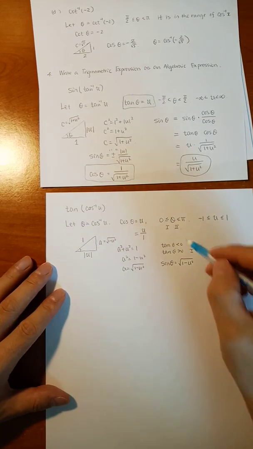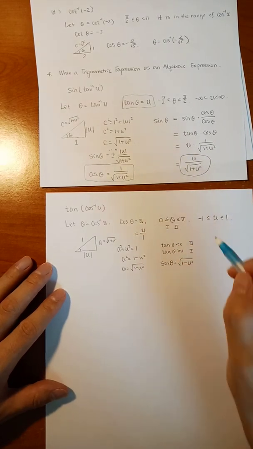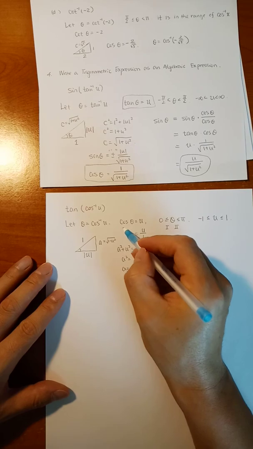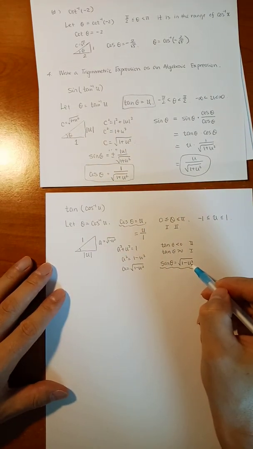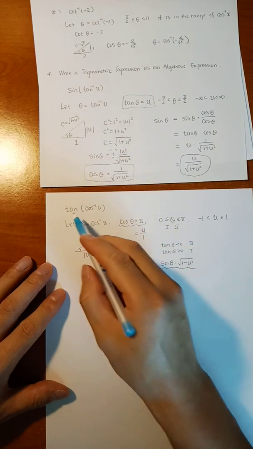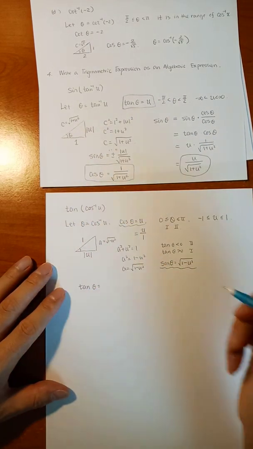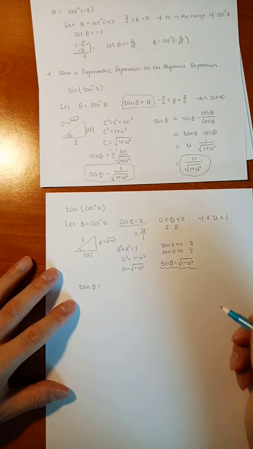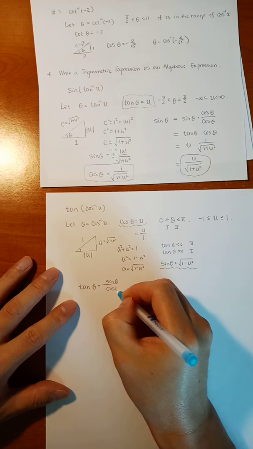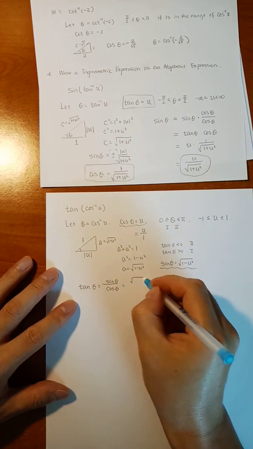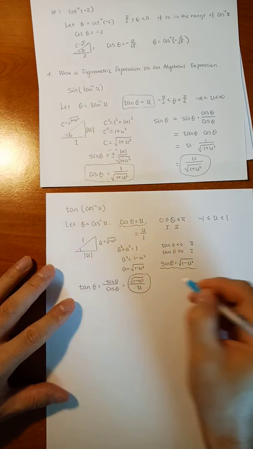This is always a positive trigonometric function over first and second quadrant. So I do get this one, and I have this one. Sine theta is square root of 1 minus u squared. Cosine theta is u. What is tangent theta? Tangent theta is sine theta over cosine theta. Sine theta is square root of 1 minus u squared. Cosine theta is u. So this is your answer.